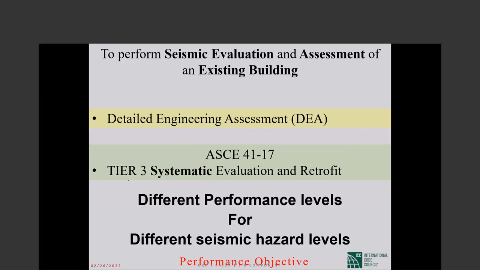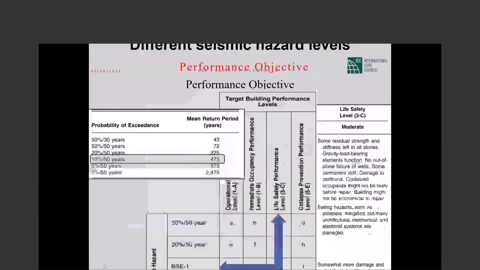If they say a much longer return period earthquake and another level of performance, we should be able to do that. So this performance-based evaluation is the main structure of this approach.